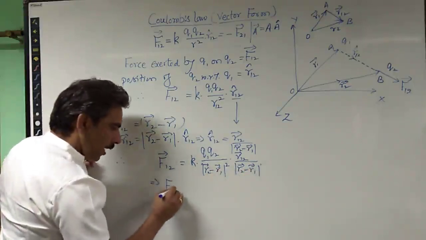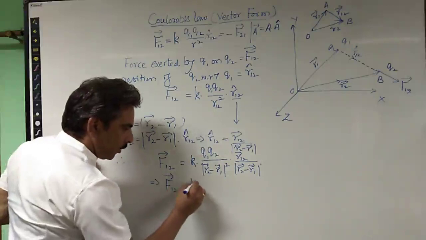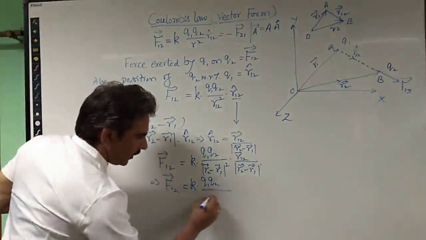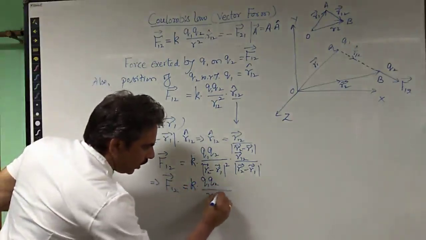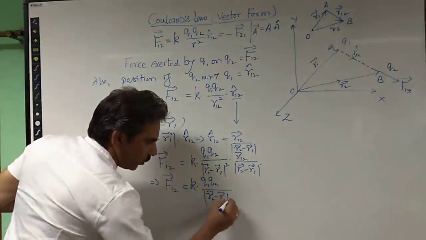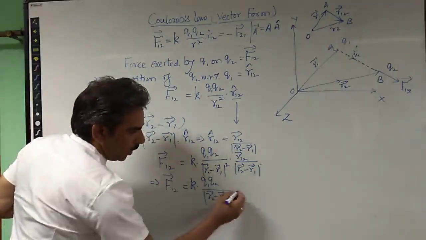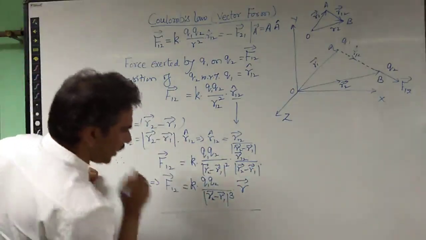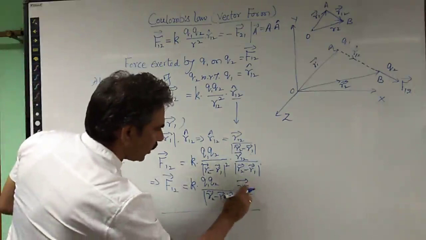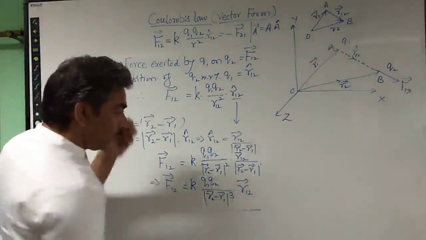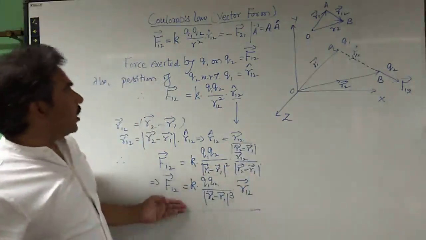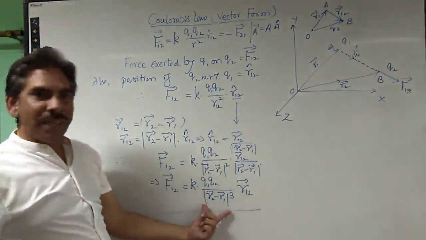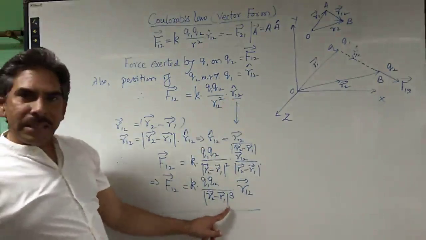So this implies F12 vector equals K into Q1 Q2 divided by the magnitude of R2 minus R1 vector power 3, because 2 and 1 makes 3, into R12 vector. This is the representation of Coulomb's law in terms of the position vectors of the charges, R2 and R1.